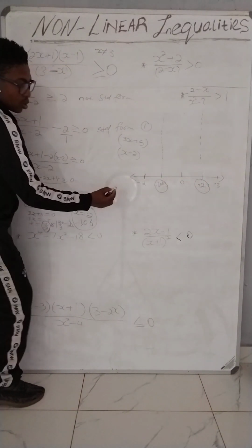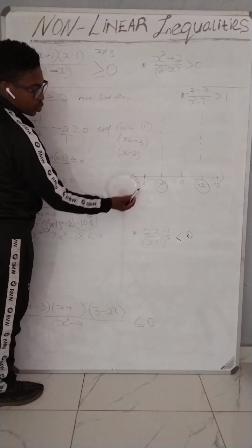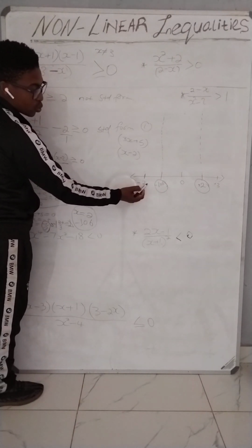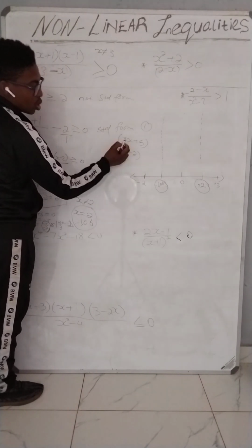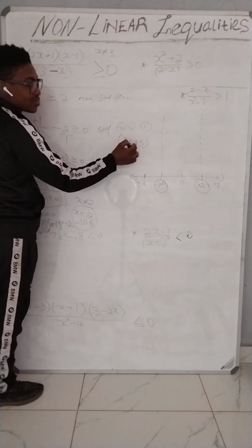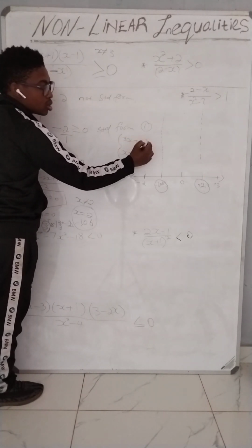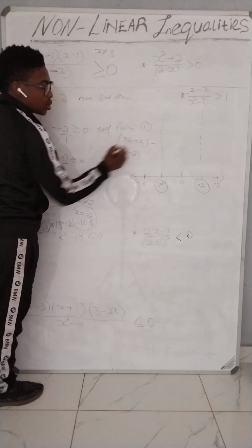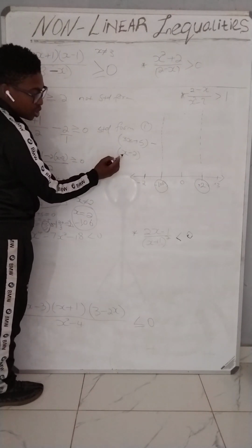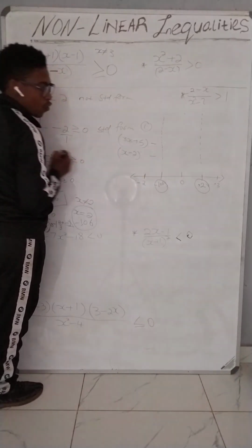On this side of our numbers, we have negative 1.06. So if we put x equals negative 2, we're going to have negative 6 plus 5, which is negative. And negative 2 minus 2 is negative 4.